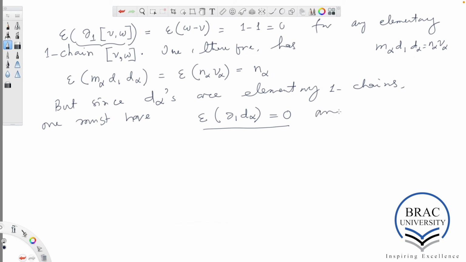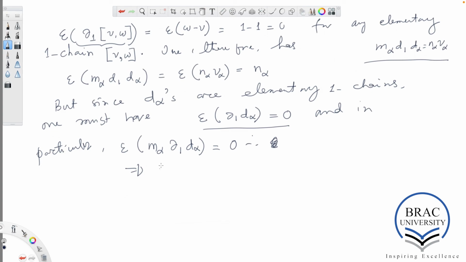And in particular, epsilon of m alpha delta 1 d alpha has to be equal to 0, which means that epsilon of n alpha v alpha is equal to 0.